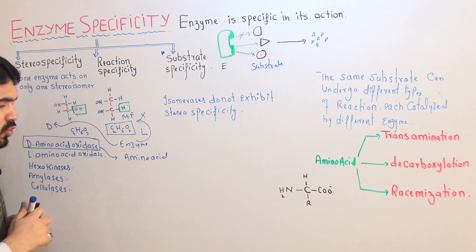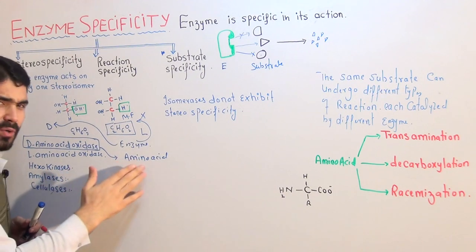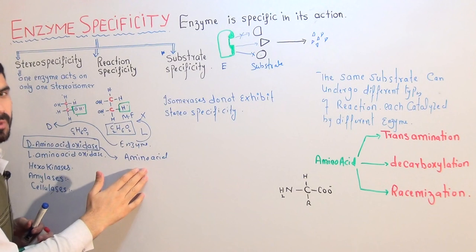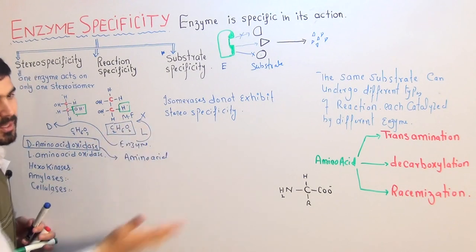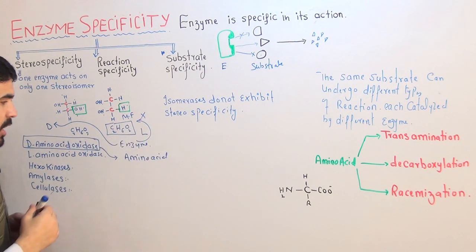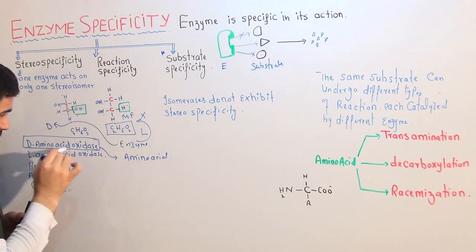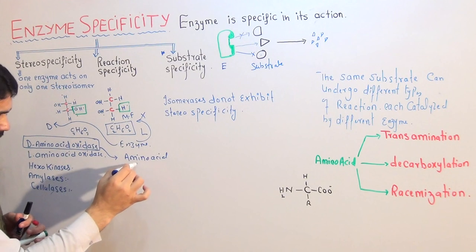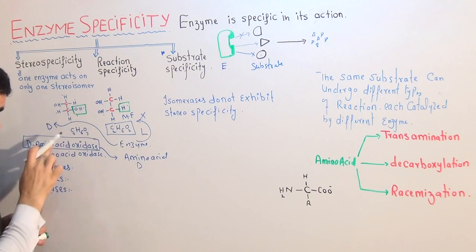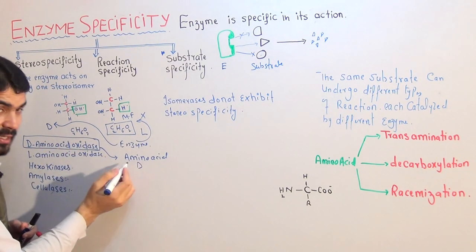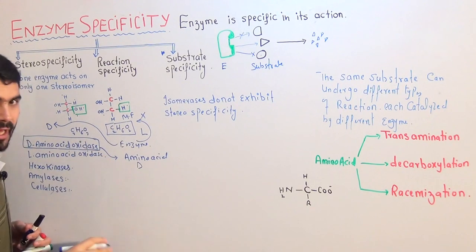So an amino acid can be an L-amino acid or a D-amino acid. This enzyme will act on D-amino acid. D-amino acid oxidase will act on D-amino acid, not on L-amino acid.